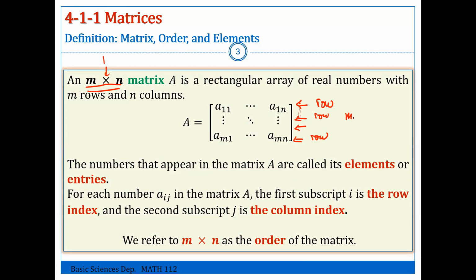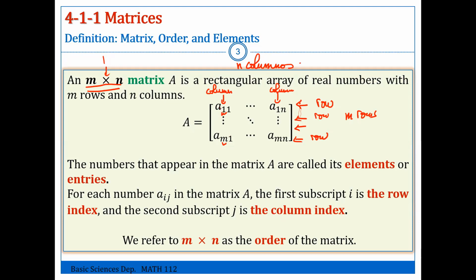M rows from 1 to M, and N columns, 1, 2, 3 until N. So this is a column. It's a table or array of real numbers containing M rows and N columns.